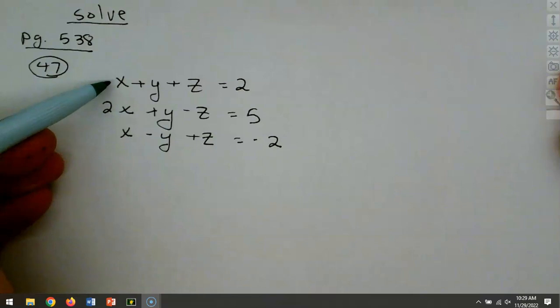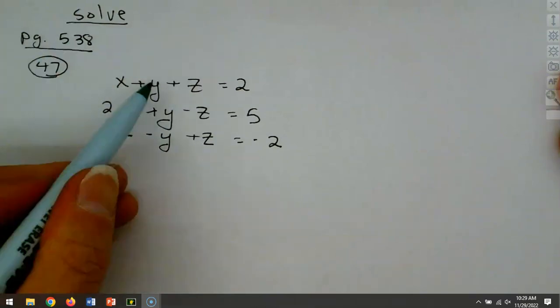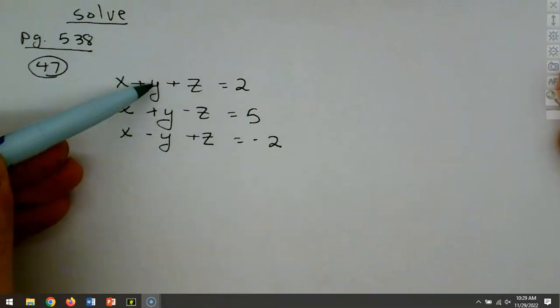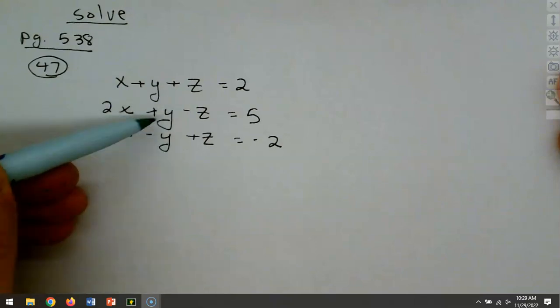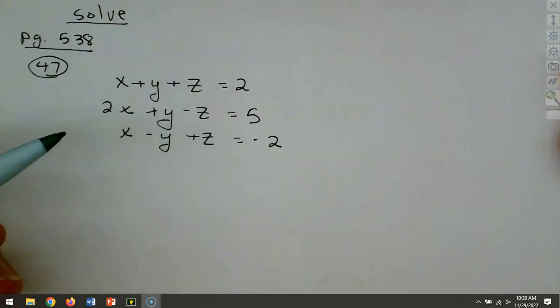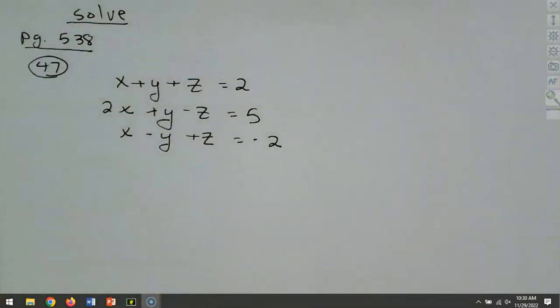This would by a negative 2, this would by negative 2. But look at the y and look at the z. If I add here, that goes away, and this can get multiplied and go away from there. Same thing with the z. So we would want to avoid eliminating for the x because of the 2. So we're going to eliminate for either the y or the z. Doesn't matter. I'm going to go ahead and eliminate for the y.